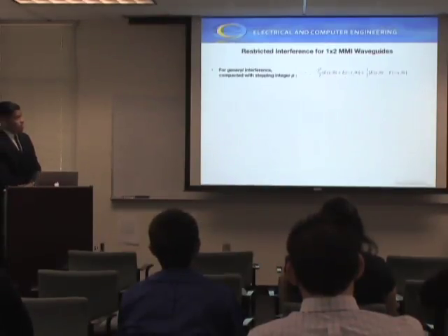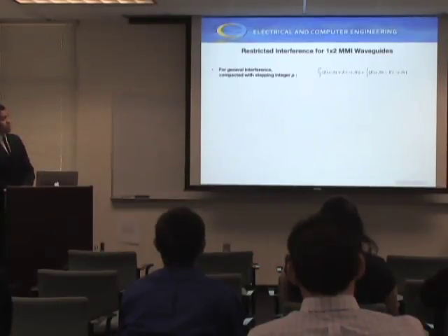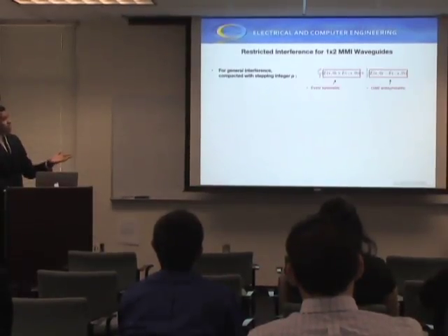If we look at this case and introduce a stepping integer p that steps through 4 unique self-imaging lengths at quarter distances, we can simplify this and get an analytical expression for our self-imaging length here.